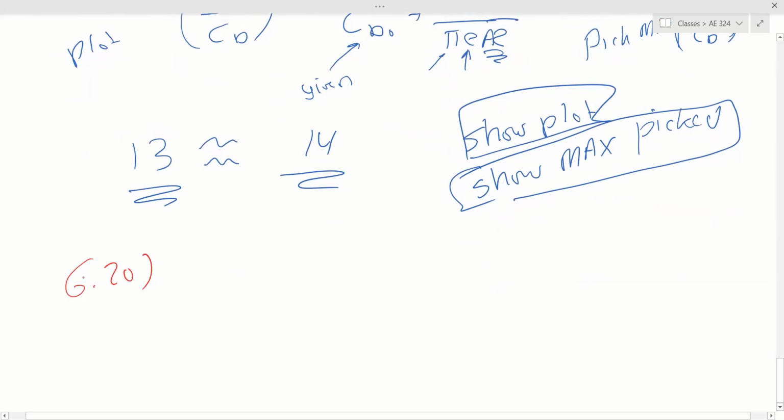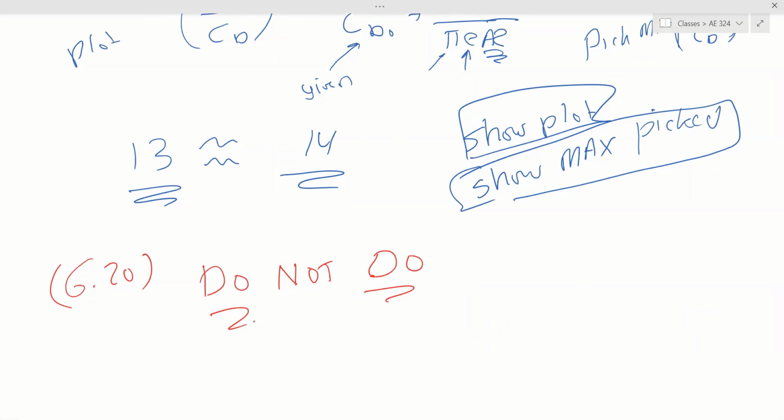6.20 is going to be super easy because I decided that you should not do that homework. It talks about the corner velocity, but really it's just looking up formulas and plugging in numbers, and it doesn't add anything to the conversation.